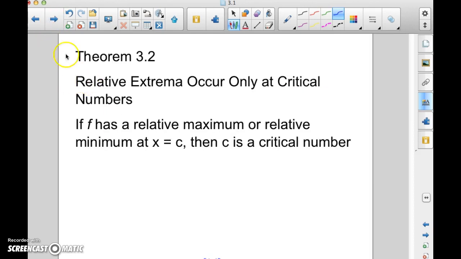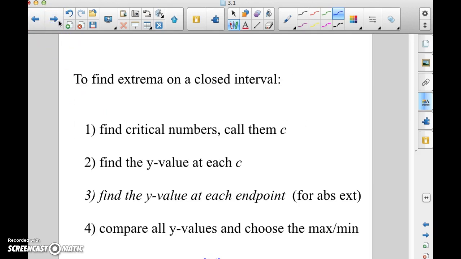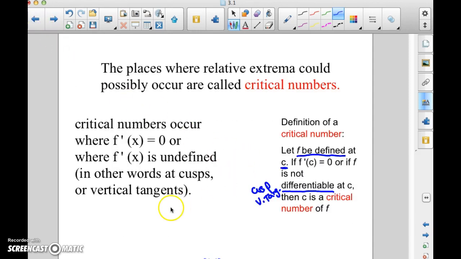Algebraically, let's go back and just talk about that. So algebraically, when the derivative equals 0, if we have a fraction, which part of the fraction has to equal 0 for this fraction to equal 0? The top has to equal 0.